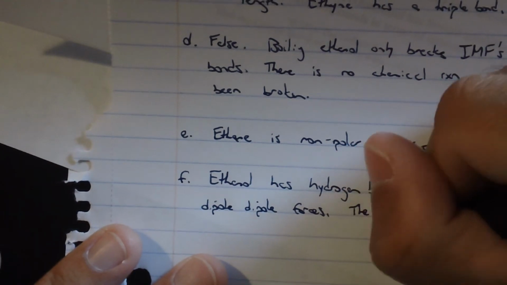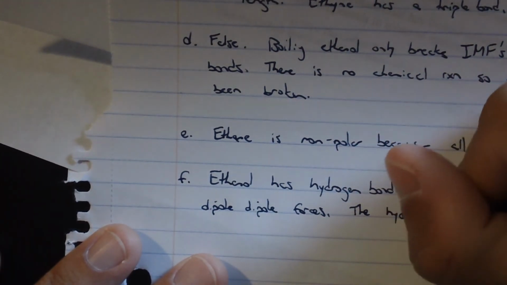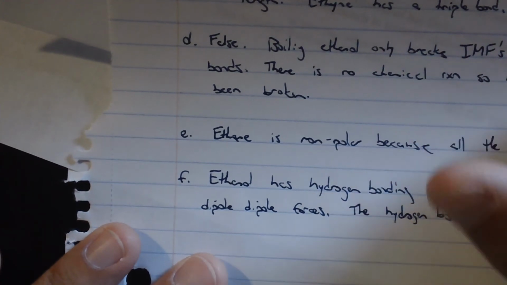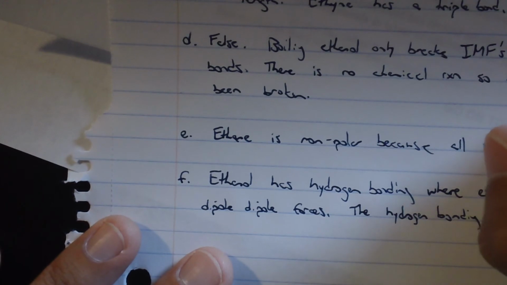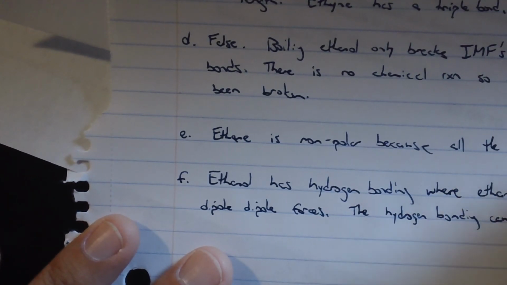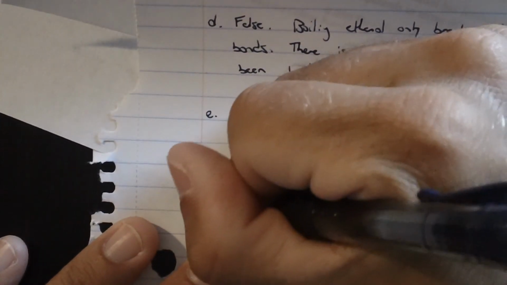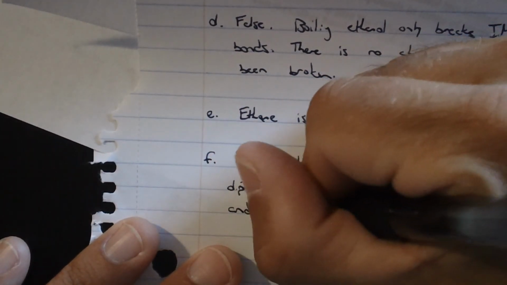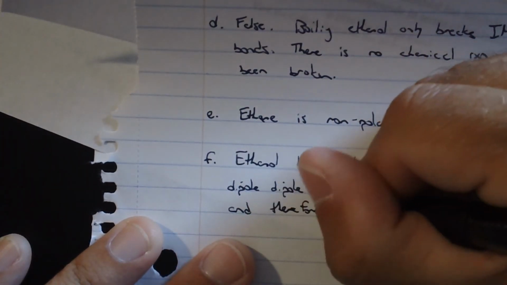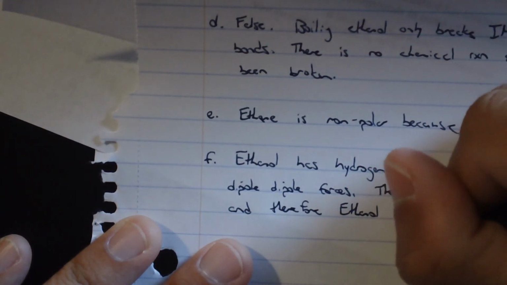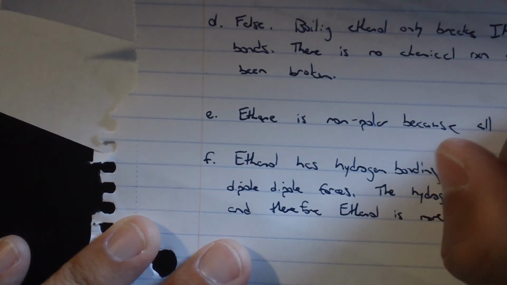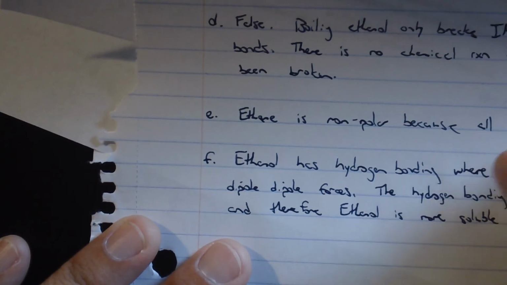The hydrogen bonding causes more polarity and therefore ethanol is more soluble in polar water.